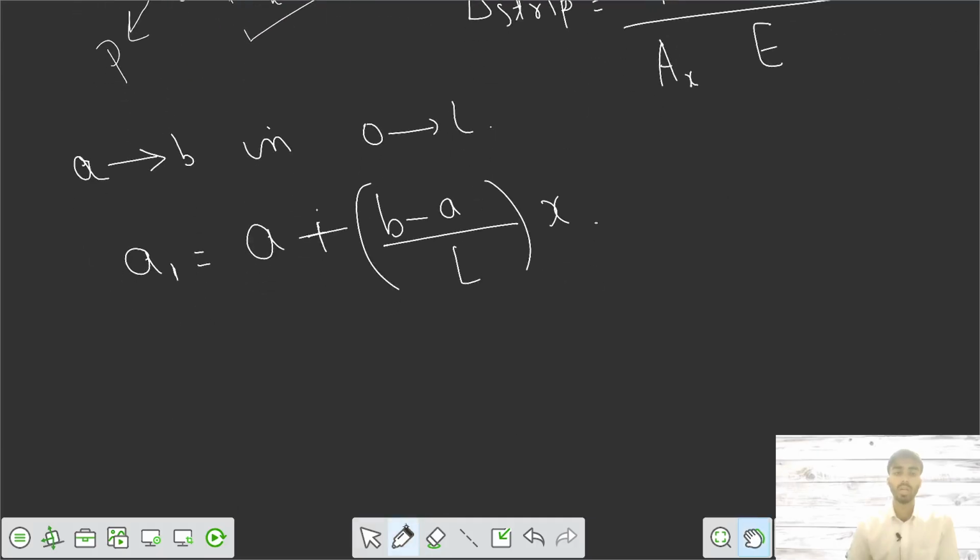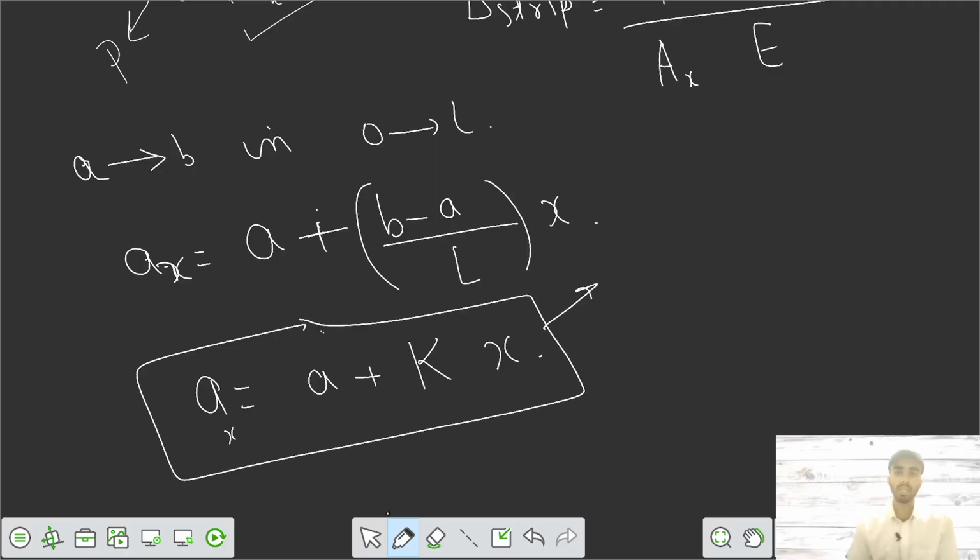This becomes the value of side at x. So your A1, we can write it as Ax, taking at x. Ax becomes A plus, taking B minus A by L as some constant k, kx.